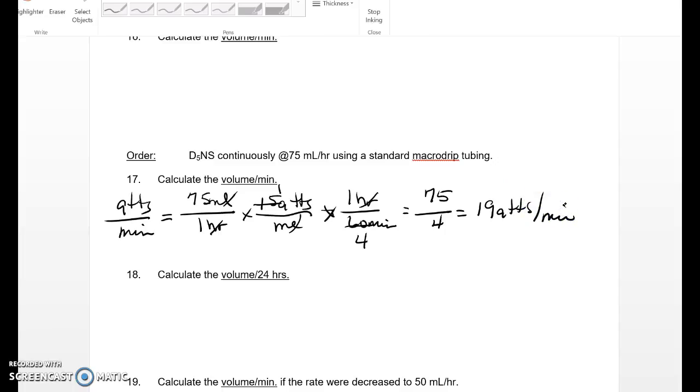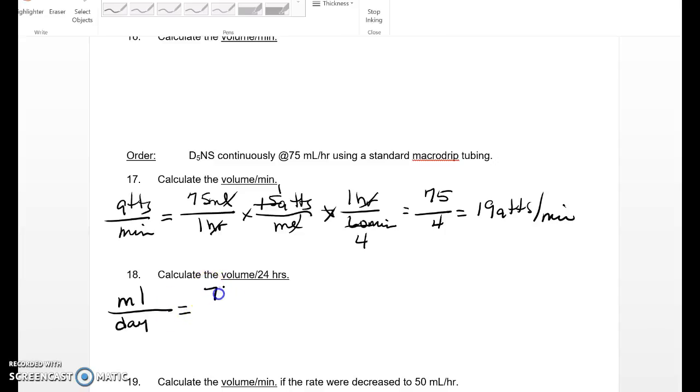Okay, now we have another added step in here. It wants us to calculate the volume in 24 hours. So I'm looking for milliliters, and 24 hours is considered 1 day. So I'm looking at milliliters per day rather than 24 hours. It makes it a lot easier.